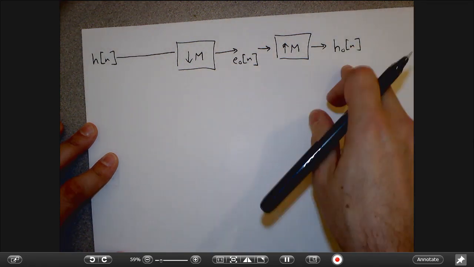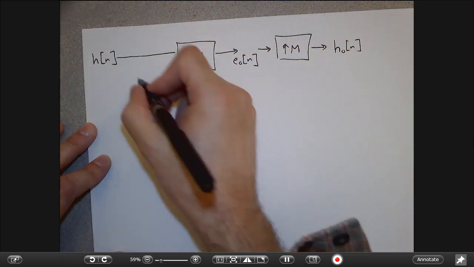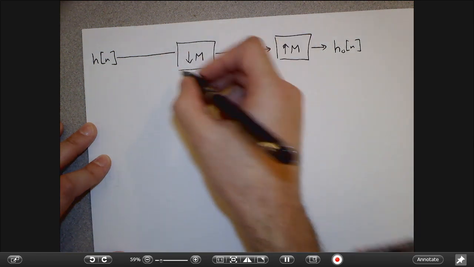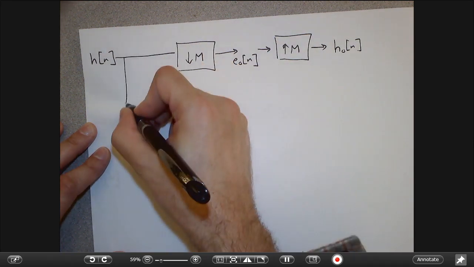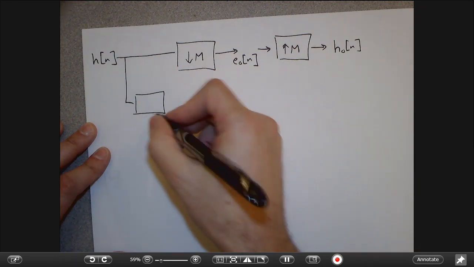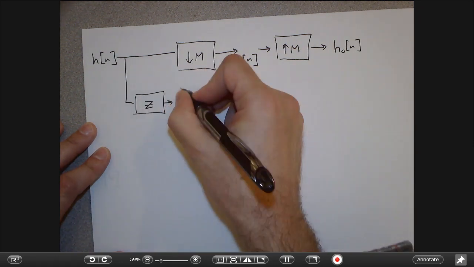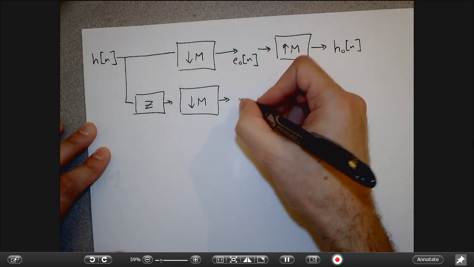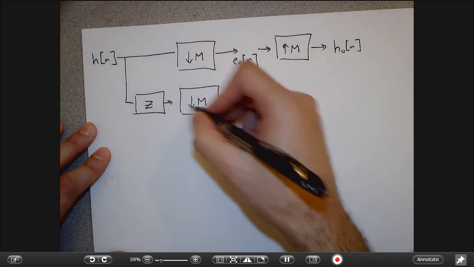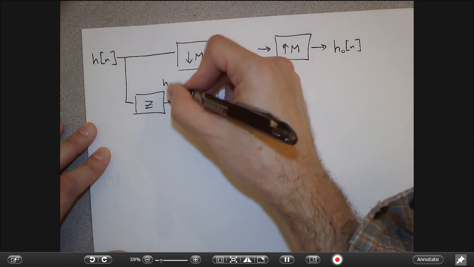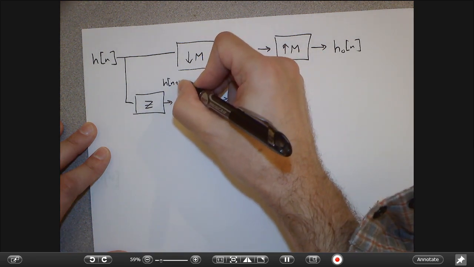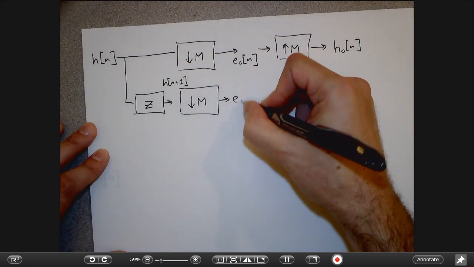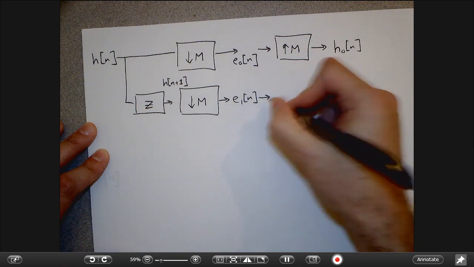And now I'm going to add that up with other parts of the decomposition. So the next thing I would do is delay, or shift, the signal by 1 unit. I can downsample that. What I get by shifting this is just like shifting the signal 1 unit to the left, right? And then I pick off every third unit, or every mth unit there. That gives me this E1 part.